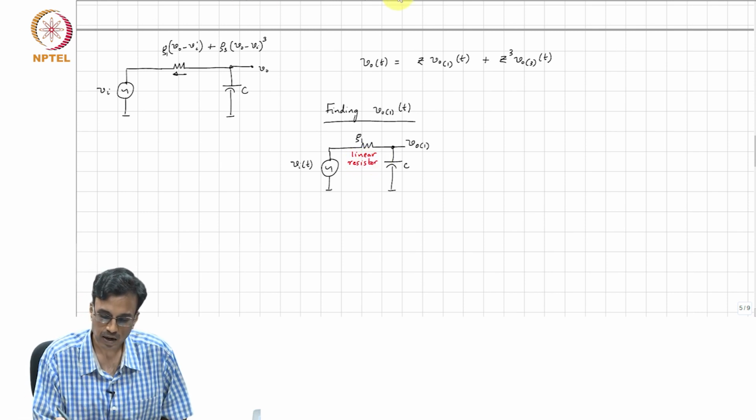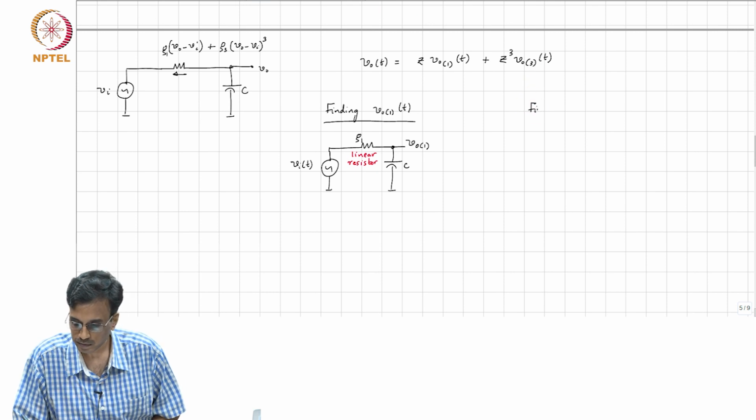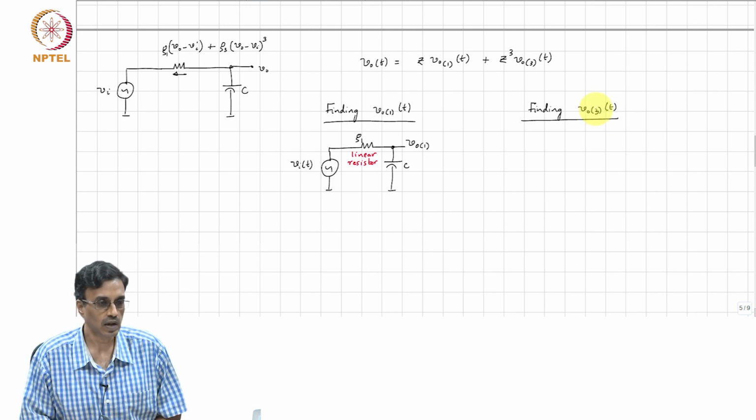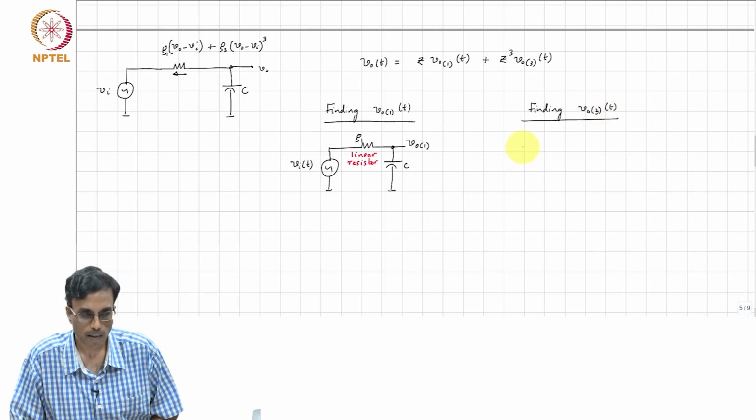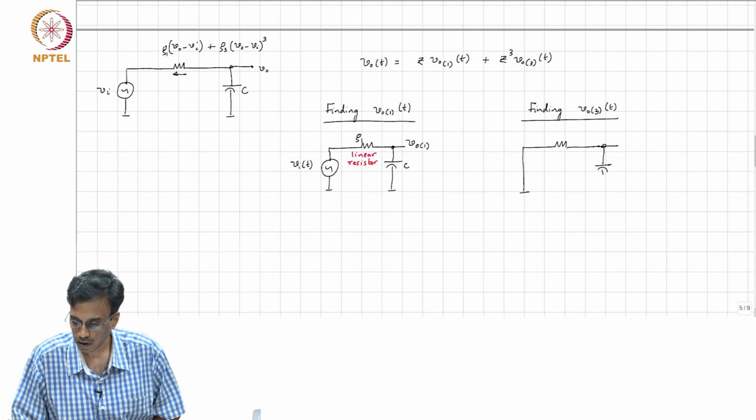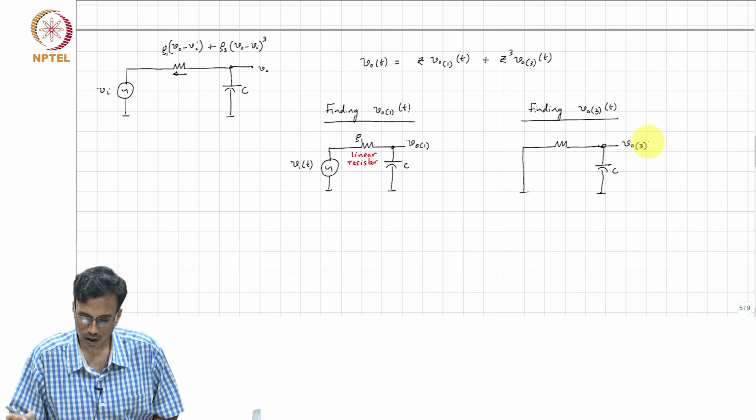The next step is to find V02 of t. V02 of t is 0, so we find V03 of t. What do we do? We will take the G1 and we will set Vi to 0. This is the capacitor. This is V03.